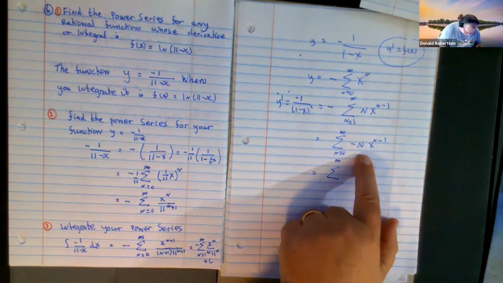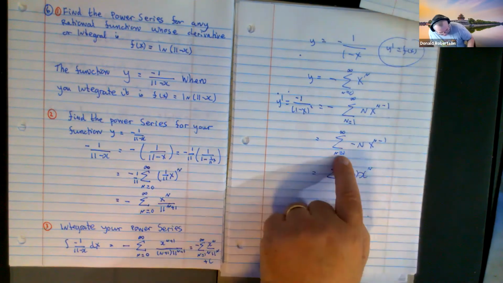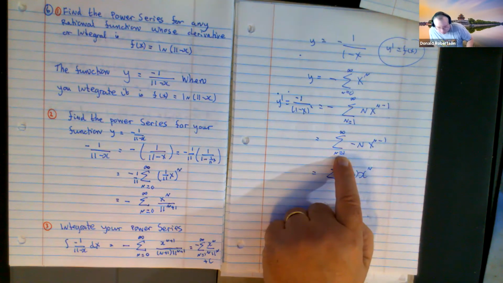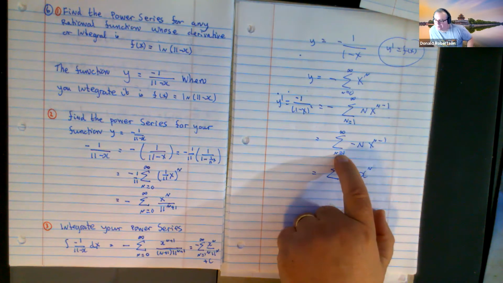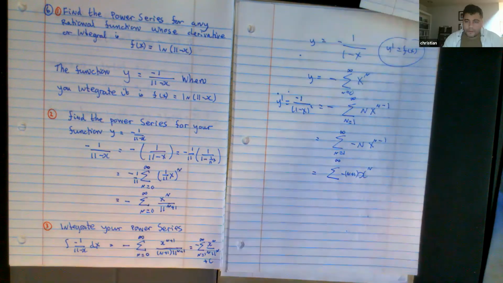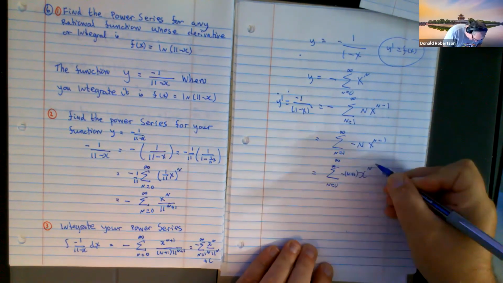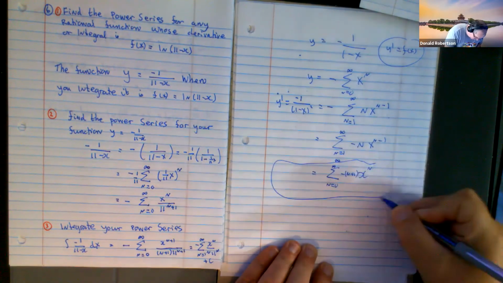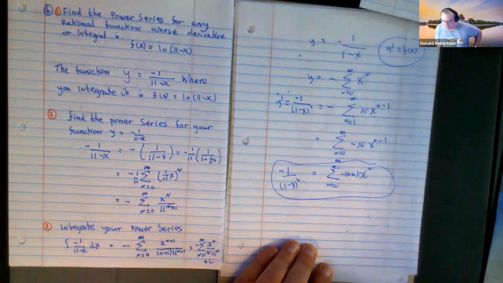So add 1 to this guy. And what happens to this fella if you add 1 to the power? What happens to the start number? Does it go down to 0? It does. And there is how to find the power series of a weird fraction.